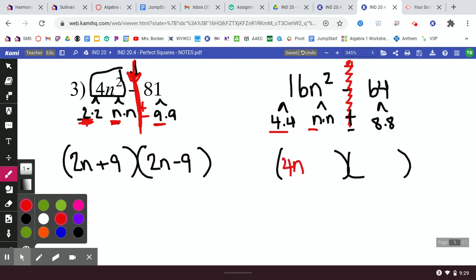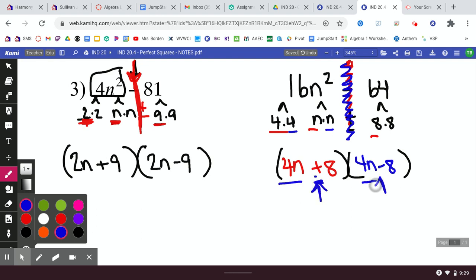So 4n plus 8, and then 4n minus 8. So you'll notice the perfect squares on the left of your original minus sign go together, and then your plus and your minus sign breaks up your 8 on the other side. Okay, and hopefully I explained that clear enough.